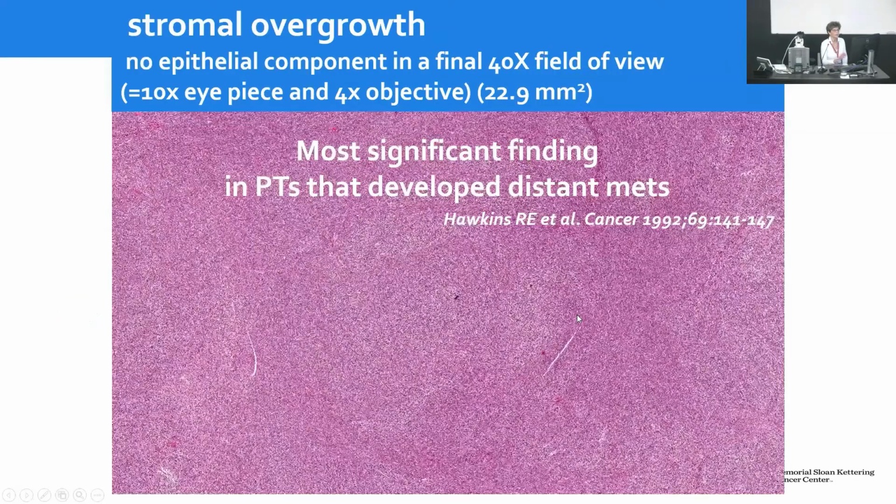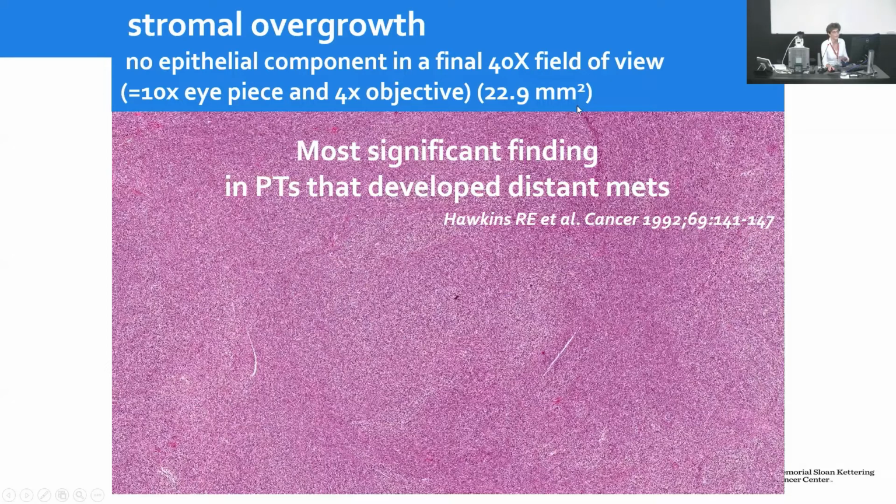But in any case, stromal overgrowth is defined as the lack of any epithelial component in a single 40x field of view, which means a 10x lens in your eyepiece and a 4x objective. And this corresponds to an area that is 22.9 square millimeters.